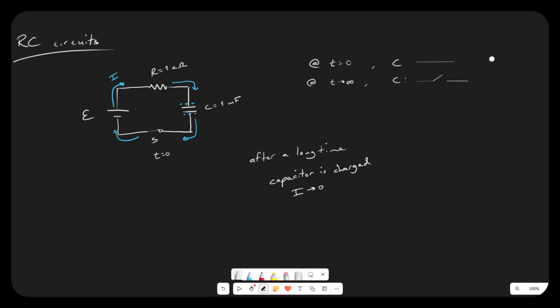So over here, my total current is going to be E over R, just like Ohm's law. Over here, my total current is going to be 0, just like it would be if I broke my circuit somewhere. That's good for the initial time and the final time, but there's a lot of time that happens between 0 and infinity, and so we need to talk about that.